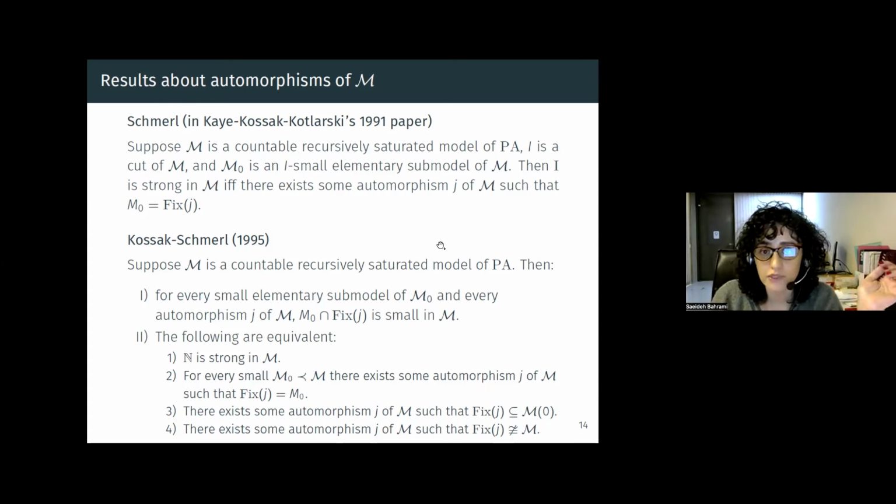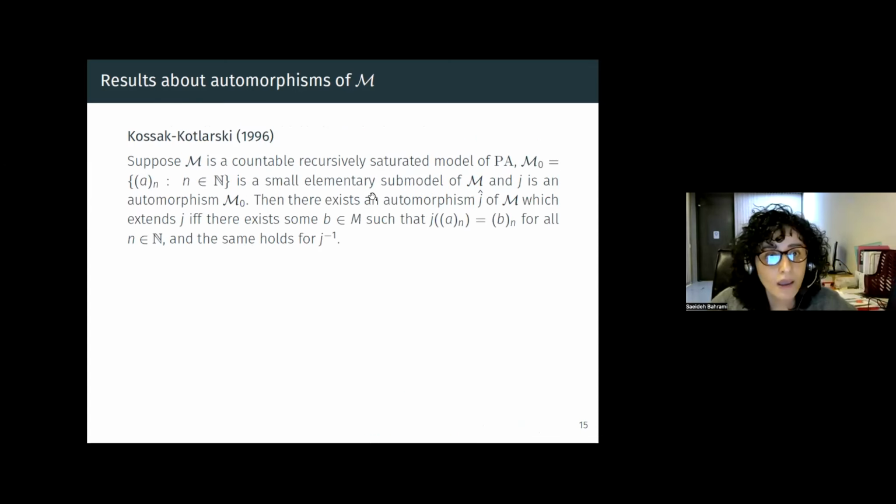We don't need recursive saturation, and we substitute automorphisms with initial self-embeddings. And then also for these results, we have a generalization for initial self-embeddings.